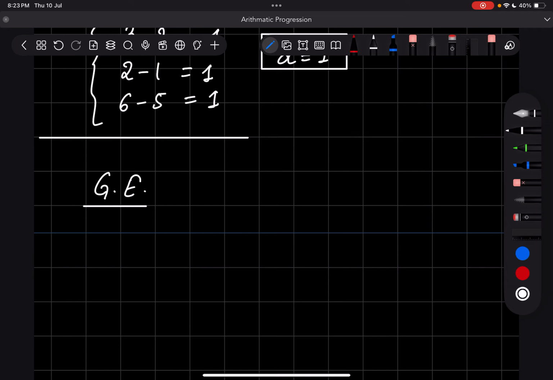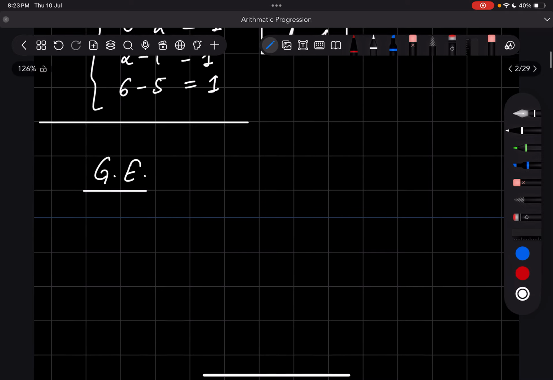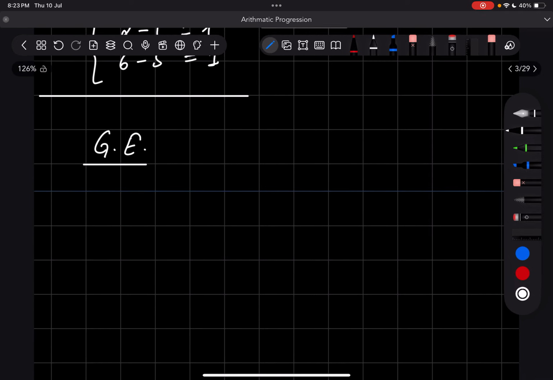There have to be some terms, like the first term that we are going to mention with a1. We call it a.